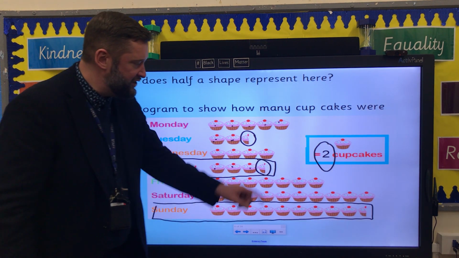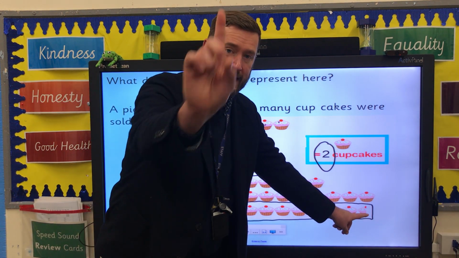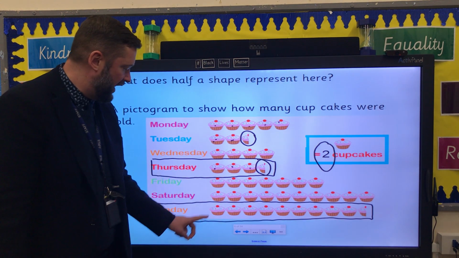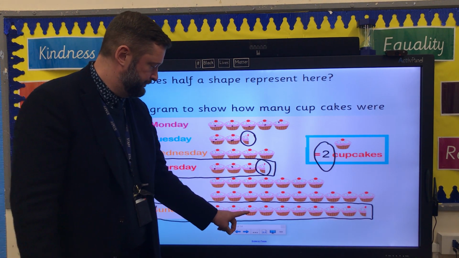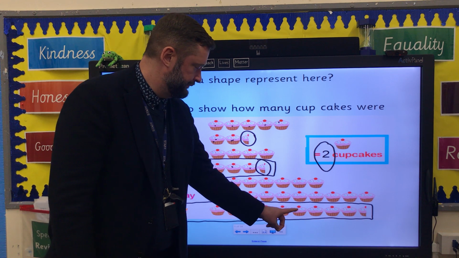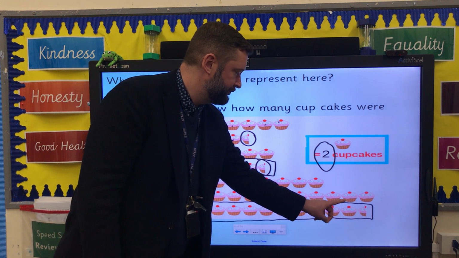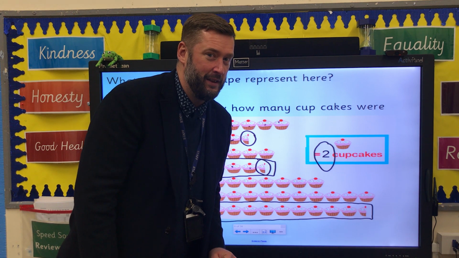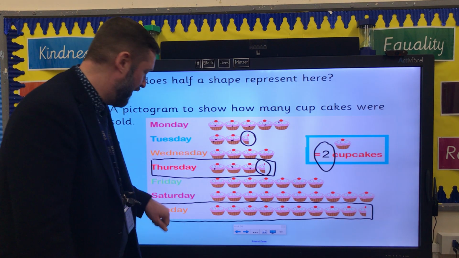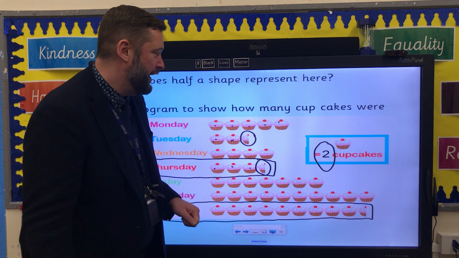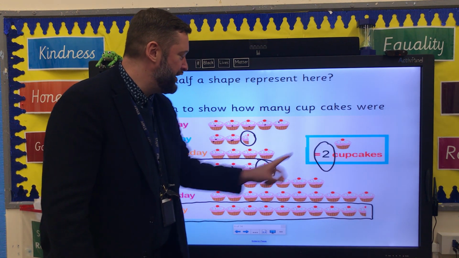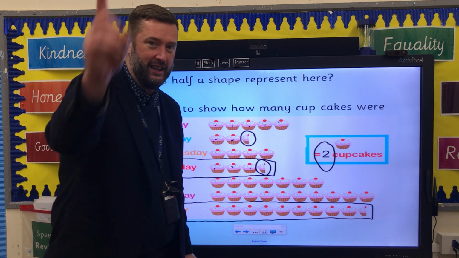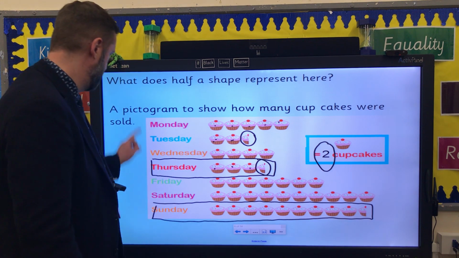So we're going to count in 2s, and remember half a shape is 1. Let's go. What did you get to? Did you get 19 cakes on Sunday? Well done. So when a picture is worth 2, half a picture is worth 1.